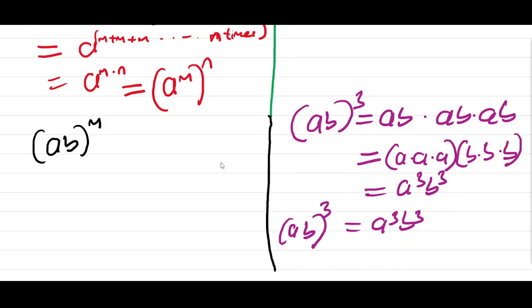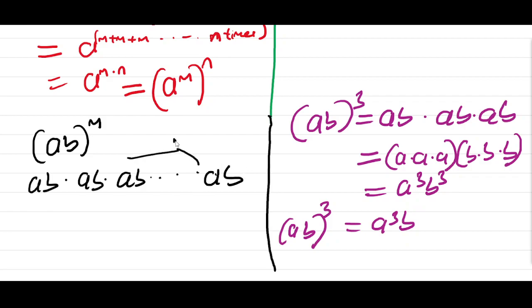Now let us see if it is true. This ab to the m will equal ab multiplied by ab multiplied by ab, and if we go further, everything appears here m times. So here we group the a's and the b's.